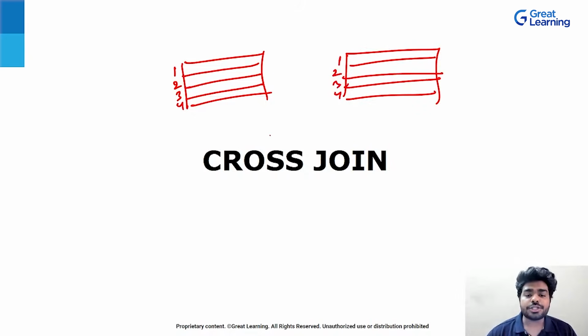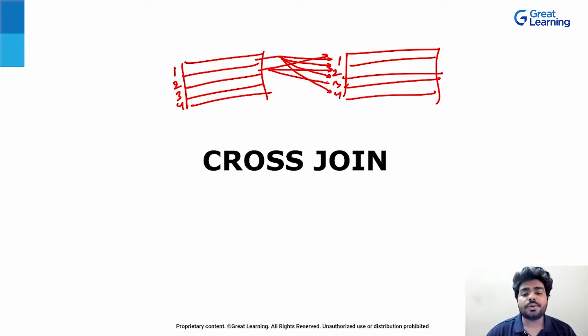What will happen in cross join? It will cross it. What is cross? Something like matrix multiplication. If you are from the science stream, you must be knowing matrix multiplication. This one row will get multiplied with every other row of the other table. Then the second row from this table will get multiplied with every other row of the other table.